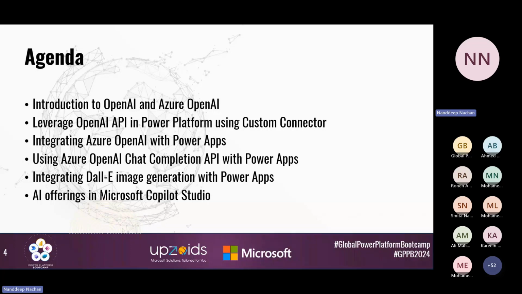Then we will use that custom connector to integrate the chat completion APIs from Azure OpenAI into Power Apps, and we will see how we can integrate DALL-E, which is an image generation model from OpenAI, or specifically Azure OpenAI in this case, with Power Apps. We will also touch upon the AI offerings in Microsoft Copilot. But let's start our discussion with the basics by getting introduced to OpenAI.